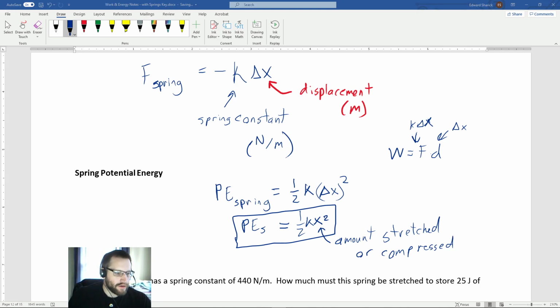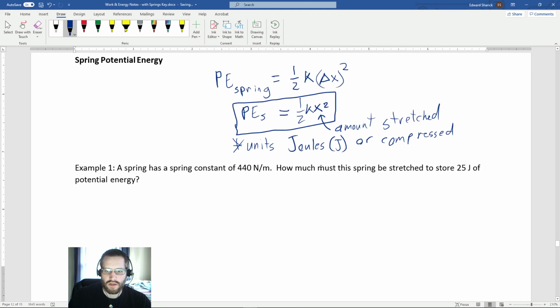All right, hopefully that's good so far. This is another potential energy, and so it is another form of energy, and the units of this are going to be joules, or capital J. Let's look at an example that uses this equation.